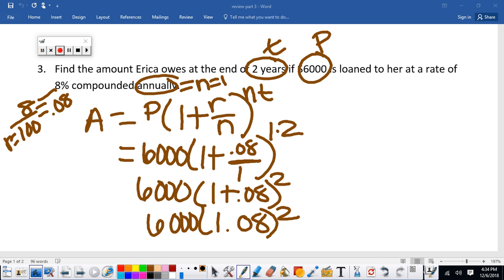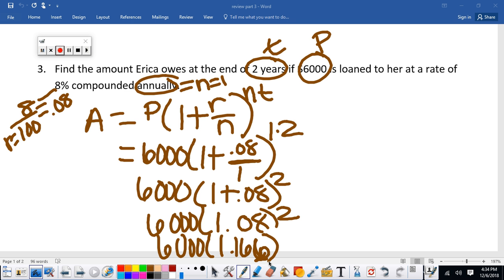And then I would need to take that, and I think there's a calculator here. Yes, there is. So I would need to take 1.08 and square it, and that gives me 1.1664, but you need to round to 3 decimal places. So because this makes the 6 stay as a 6, I'm going to take it off and leave it like that.